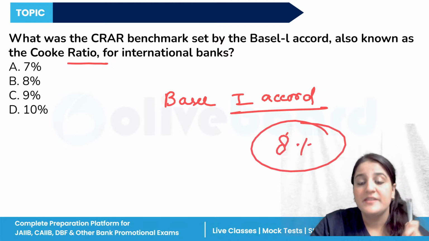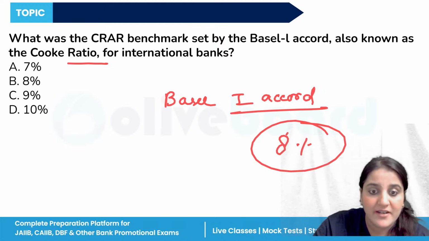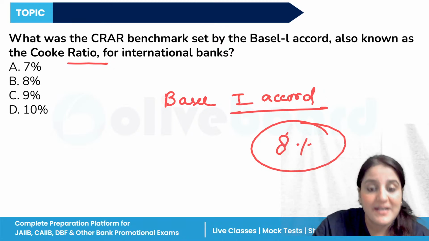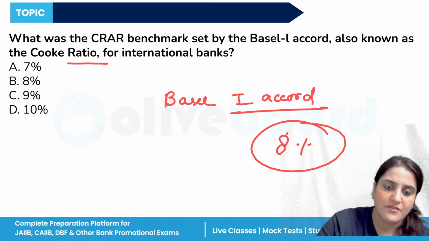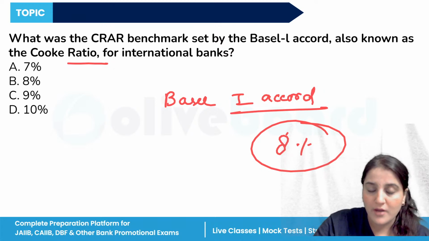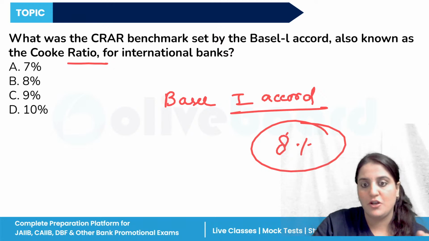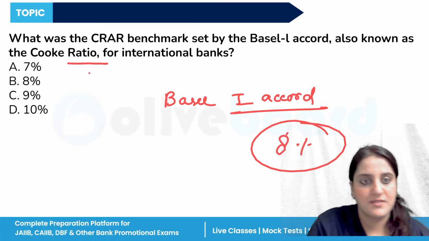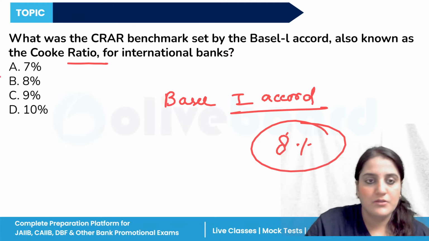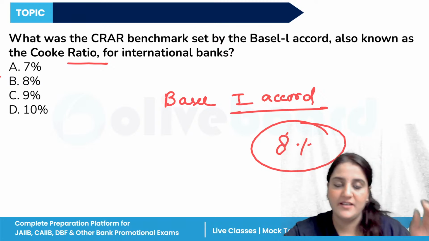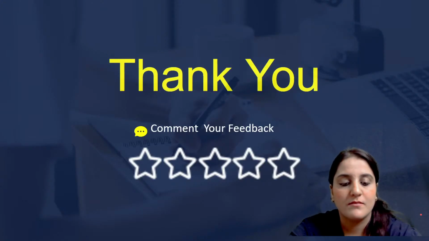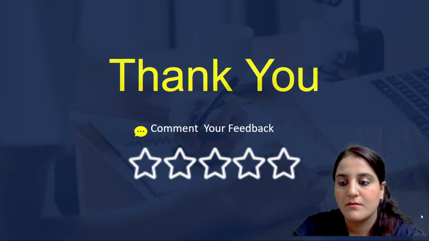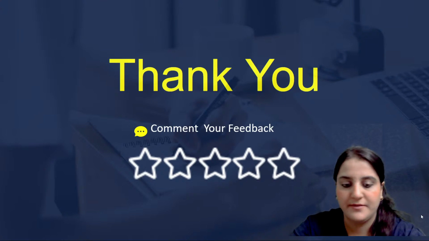This means that banks were required to maintain capital equal to at least 8% of their risk weighted assets to ensure they could absorb potential losses and maintain financial stability. So the answer B is correct here, that is 8%.